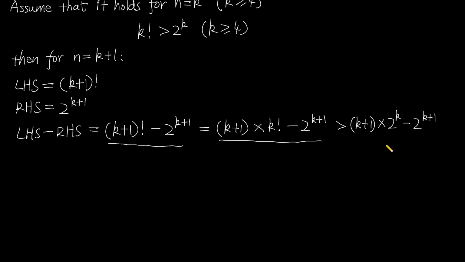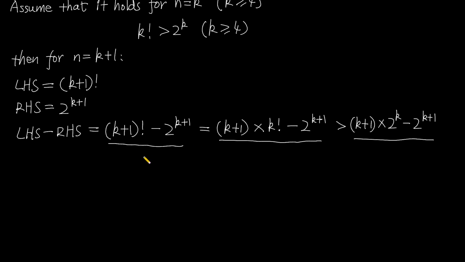Why is this one larger than this one? Because look here, k factorial is larger than 2 to the power of k. Here we use 2 to the power of k to replace k factorial. So the left hand side is larger than the right hand side.